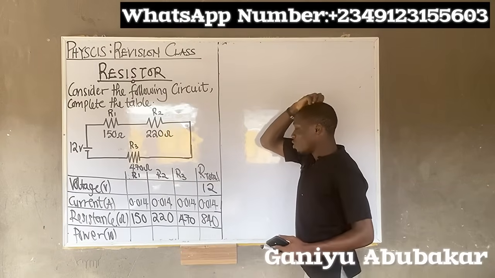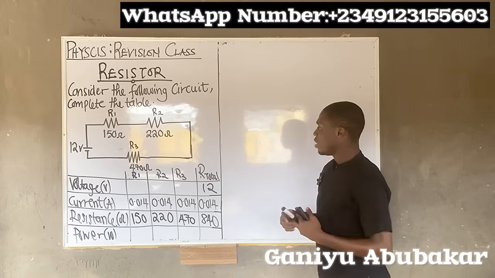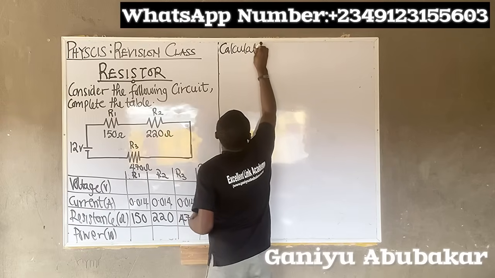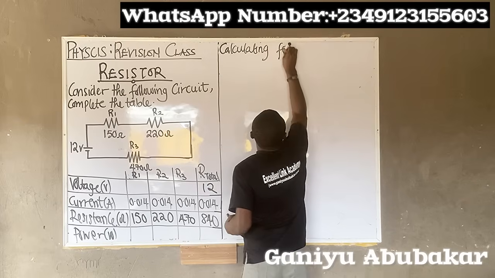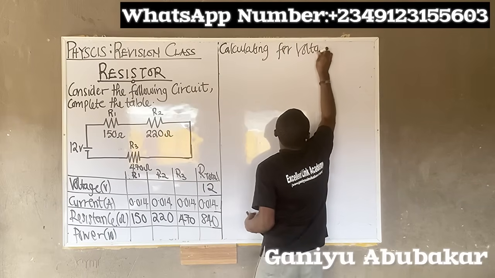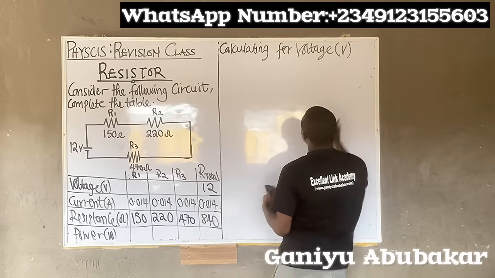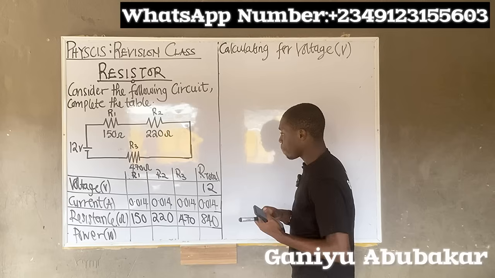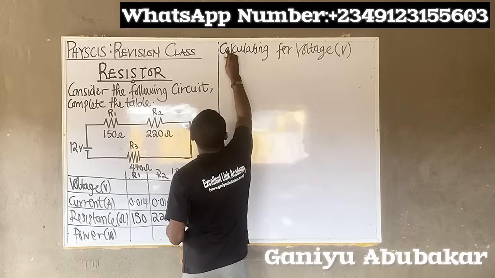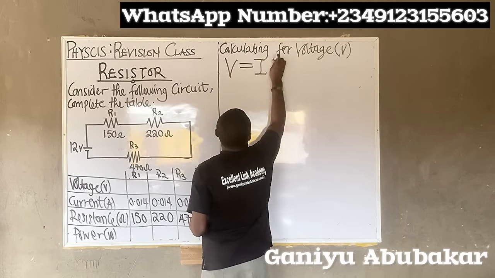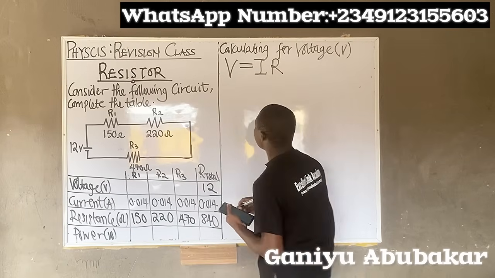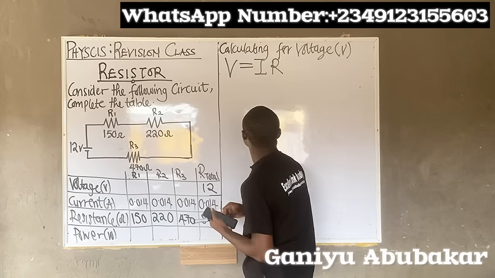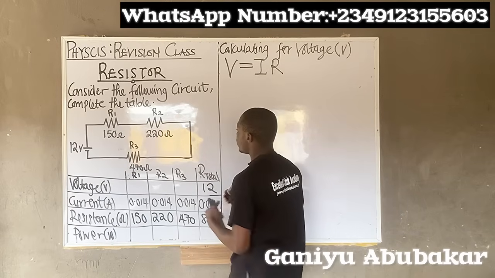All right, in bracket V, I'm still going to apply the idea of Ohm's law to get voltage here. So what do we know? We said voltage V is equal to IR. This is from Ohm's law. If it is true, how do we get voltage? So let's get voltage at each section, right? From here, let's get V1.